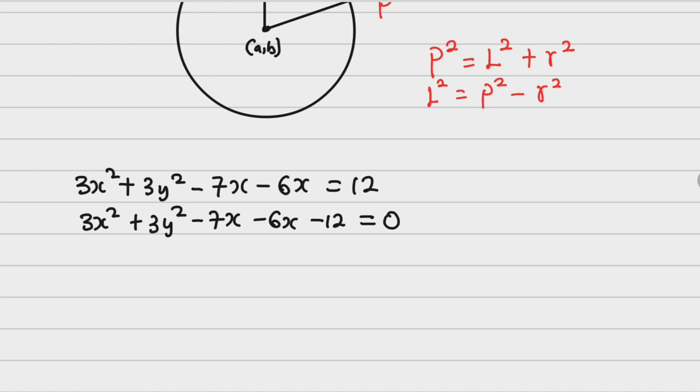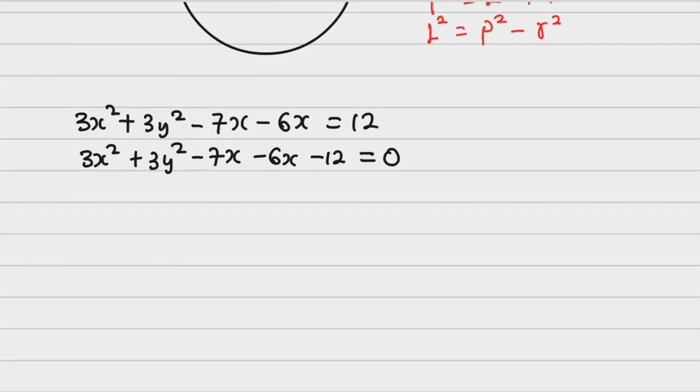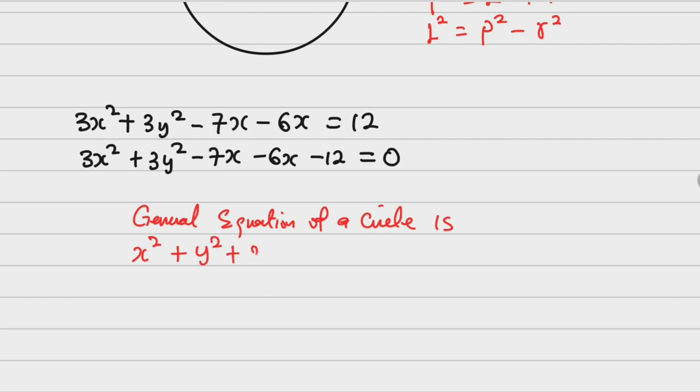Now, why I'm doing this is I want to follow through using the general equation of a circle. And what is the general equation of a circle? The general equation of a circle is x squared plus y squared plus 2gx plus 2fy plus c is equals to 0.